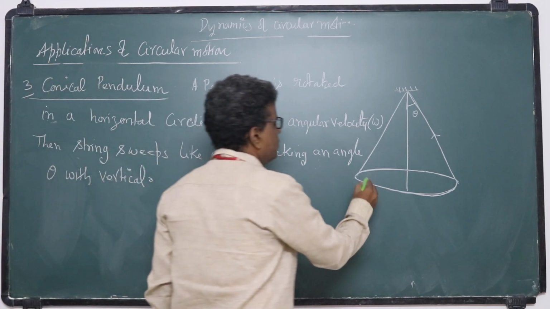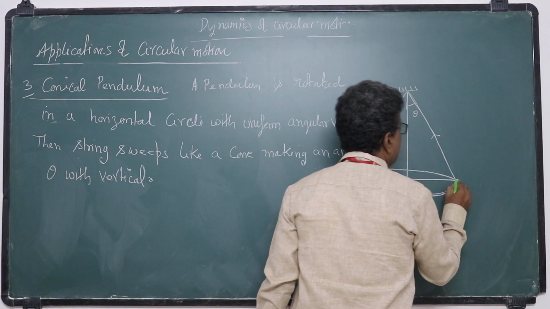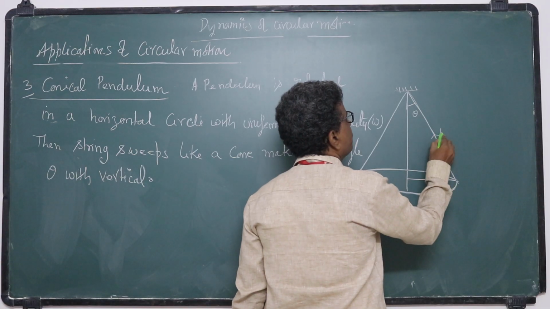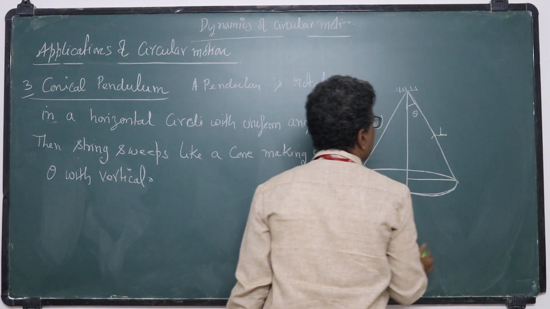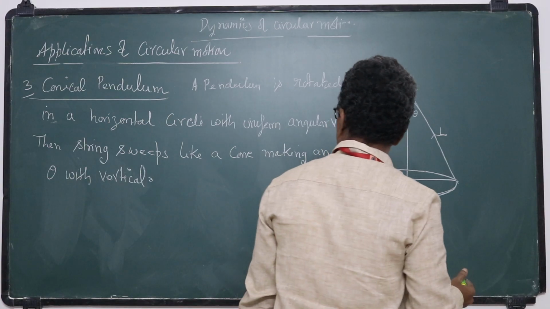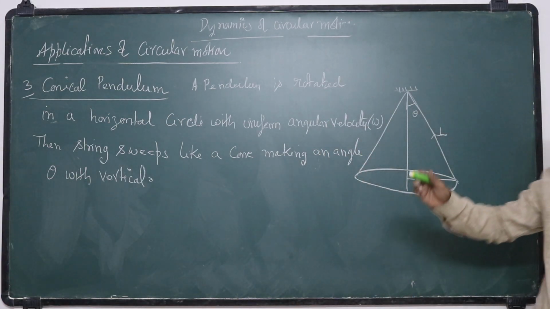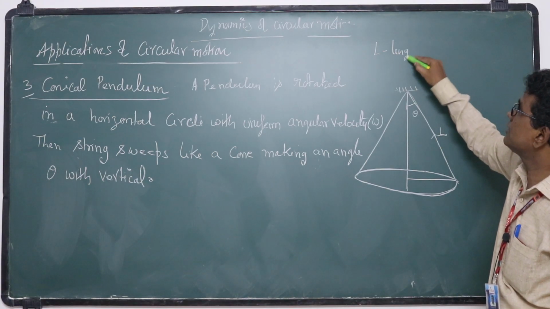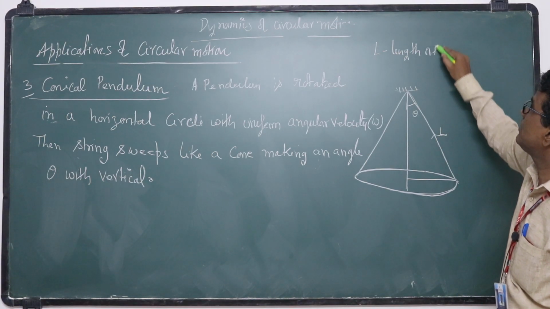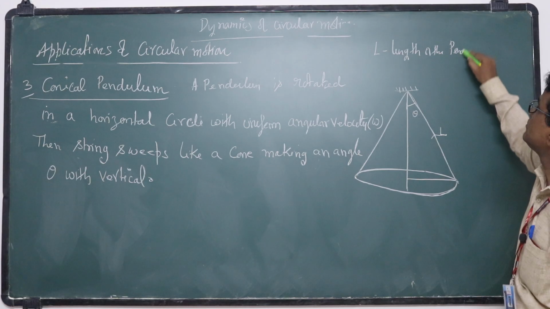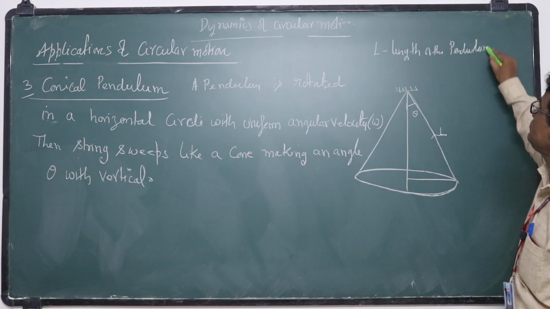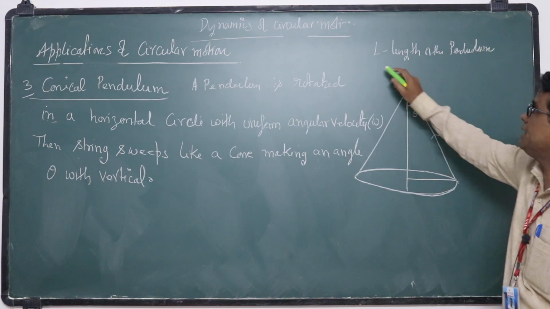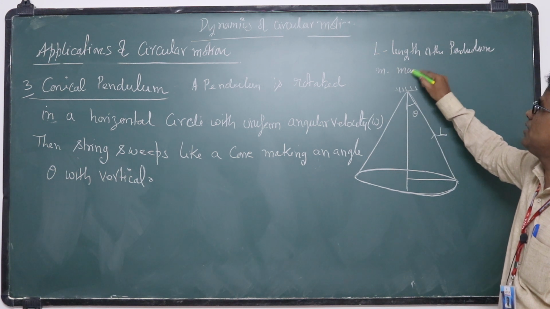So if L is the length of the pendulum, let L be the length of the pendulum. Let M be the mass of the bob.